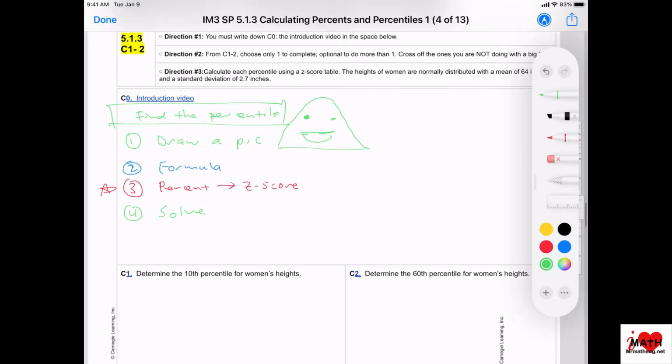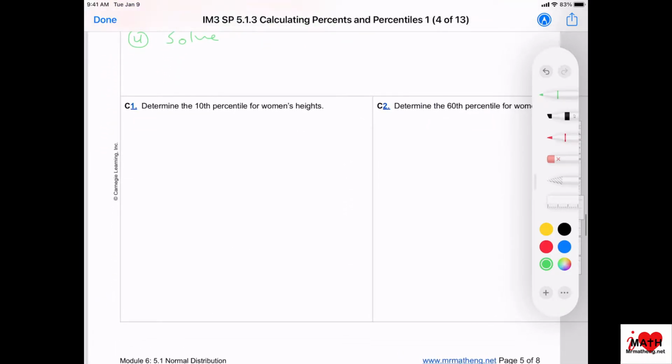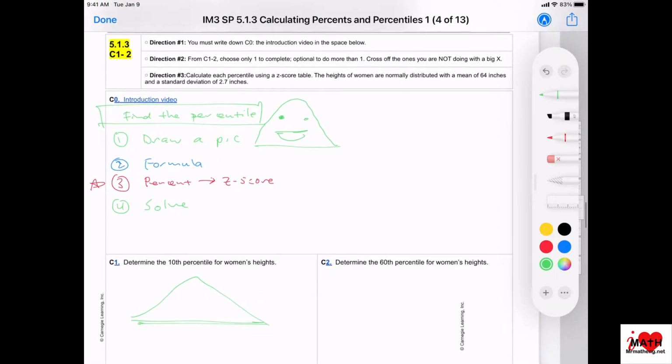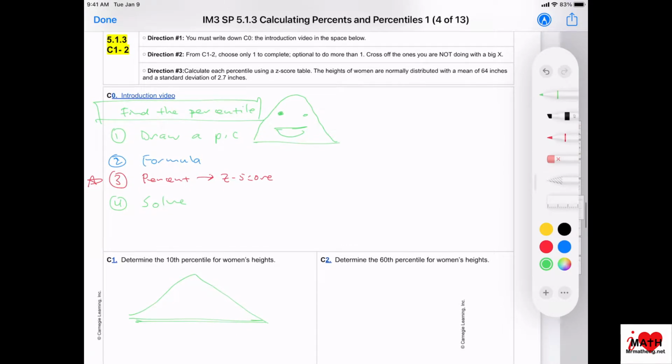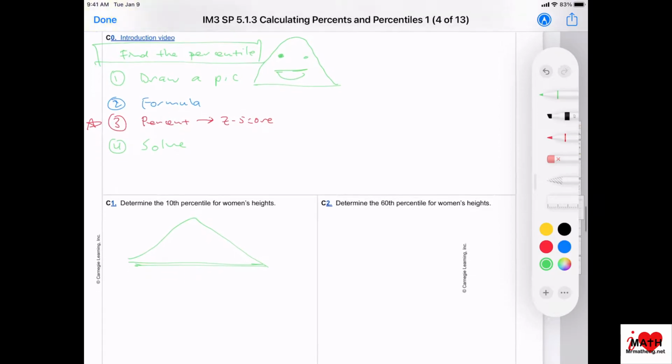Let's go ahead and try that, for example, C1. Determine the 10th percentile of women's heights. Okay, I'm going to draw a curve here. And it tells us some facts. Calculate each percentile using the z-score table. The heights of women are normally distributed with a mean of 64 and standard deviation of 2.7.